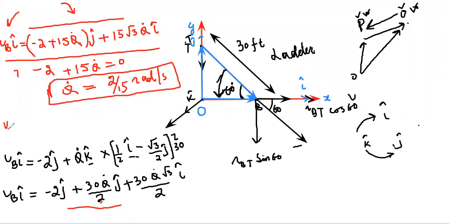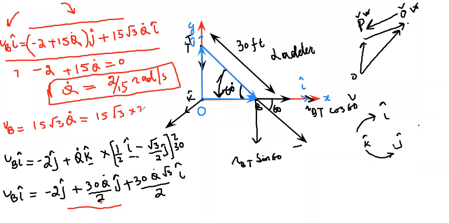Therefore we have VB, the magnitude on the left hand side, should be equal to the component on the right hand side, that is 15 under root 3 theta dot. That will be equal to 15 under root 3 multiplied by theta dot.